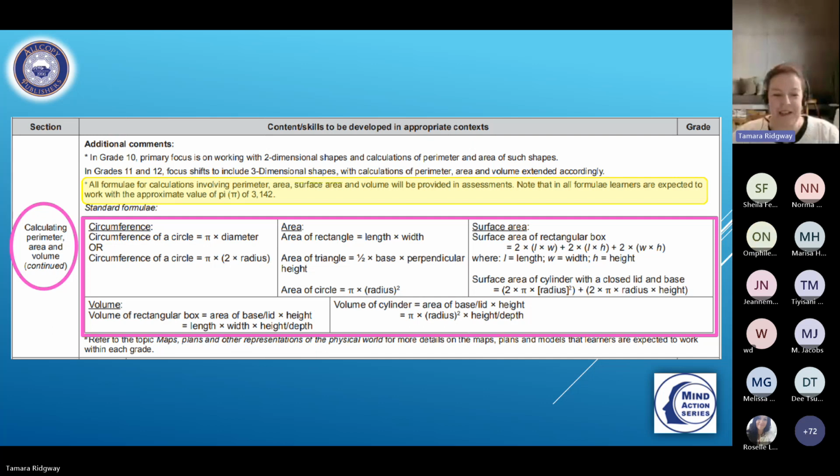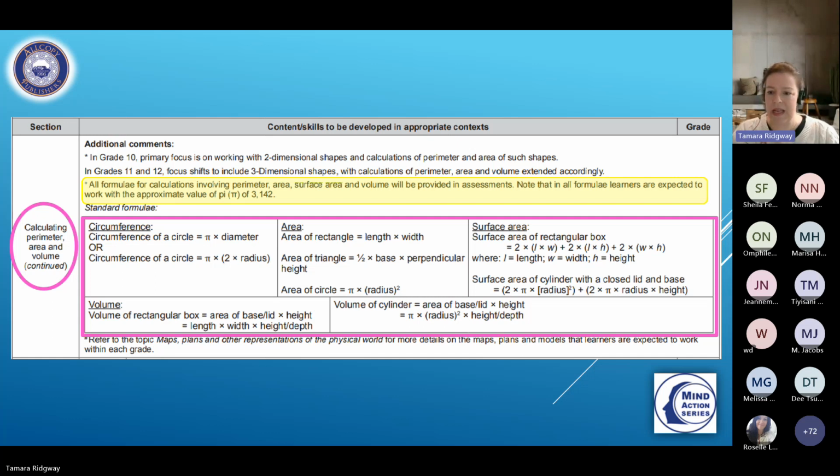But this point over here, again, I'm that hardcore teacher. I know in finals we must give them the formula, but I still want my students to know it. They're three formulas. They are basic formulas.